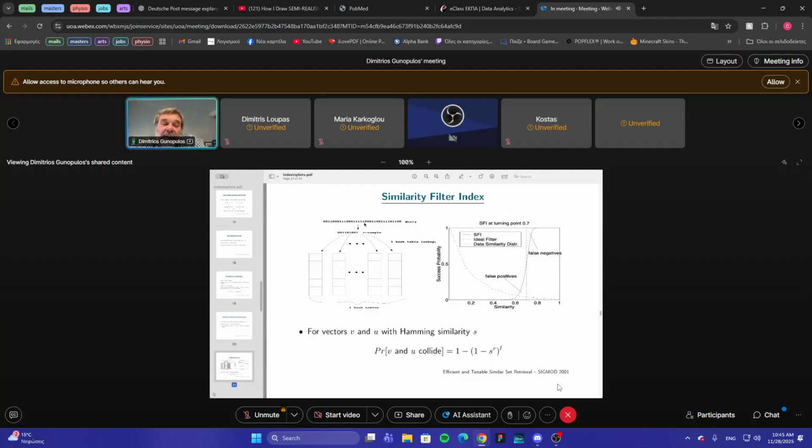So if I have 160 bits like this, and I want to find other documents that are very similar to this bit representation.